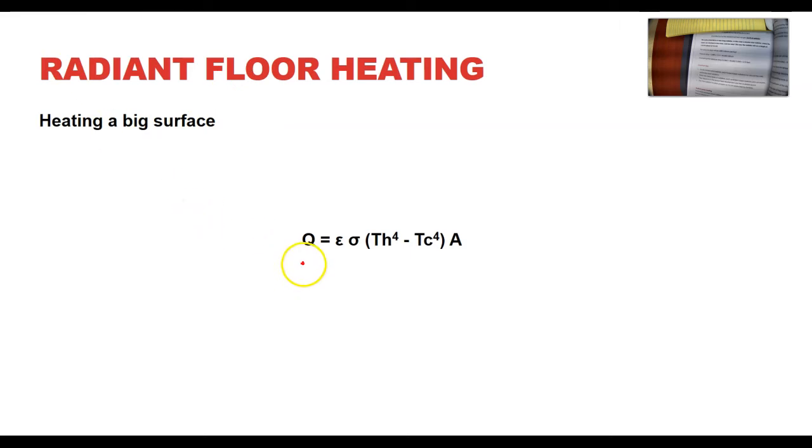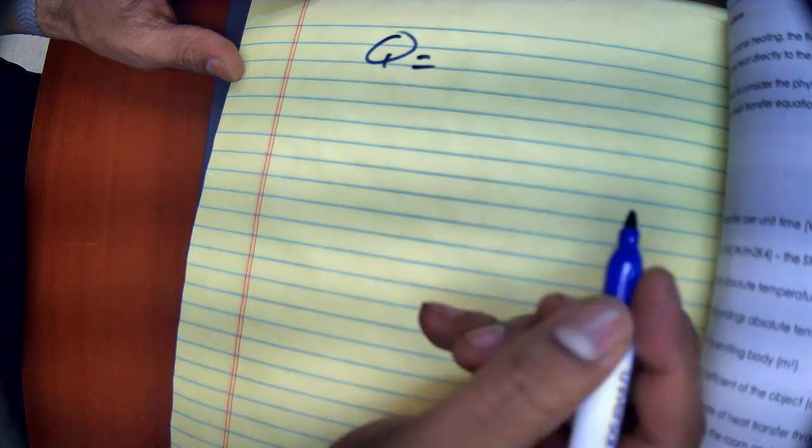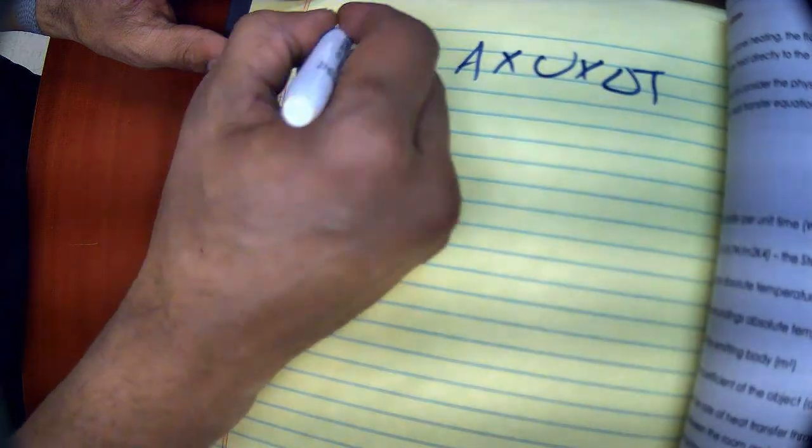And this scary equation here, you don't have to worry too much about it, but it is very similar to what we used to have before. Remember before, I'm going to use my camera now and increase the camera size so we can look at that. If you look here, we used to use Q equals area times U times delta T. This you know, right?